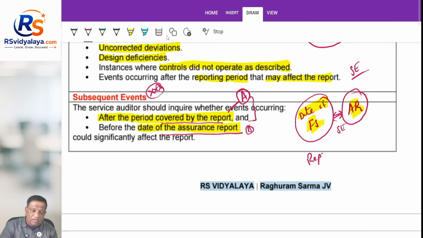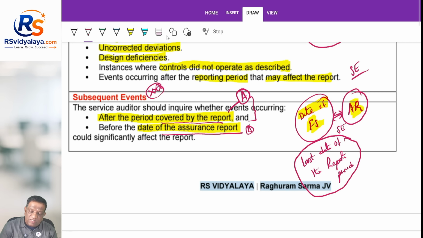When we talk about the subsequent events here, the cutoff date is the last date of the reporting period, that is the period for which you are talking about the controls, versus your date of assurance report.